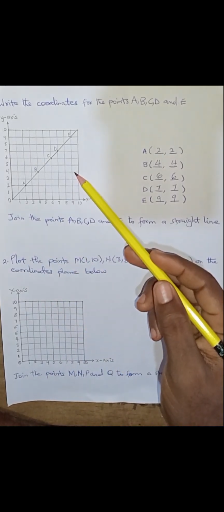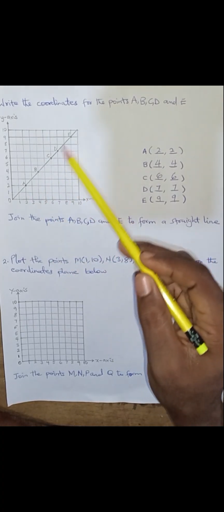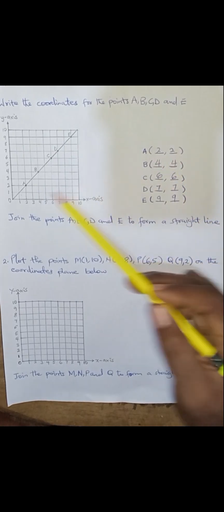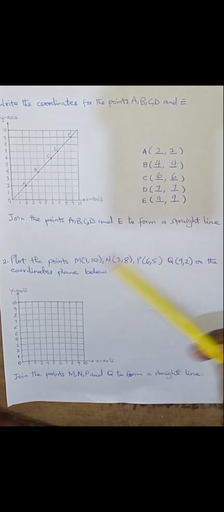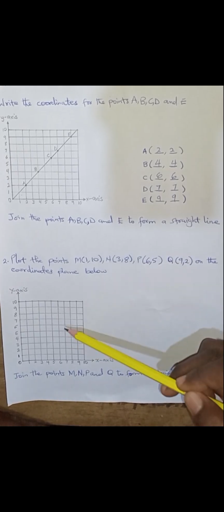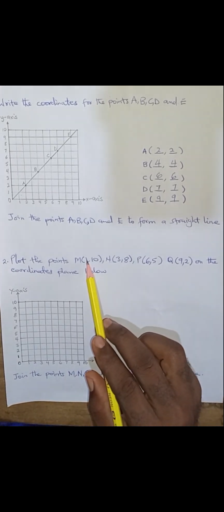In the initial question, the points were given to us, and from these, we wrote out the coordinates. This time around, the coordinates are given, and we are to plot the points on the coordinates plane here. So M(1, 10).